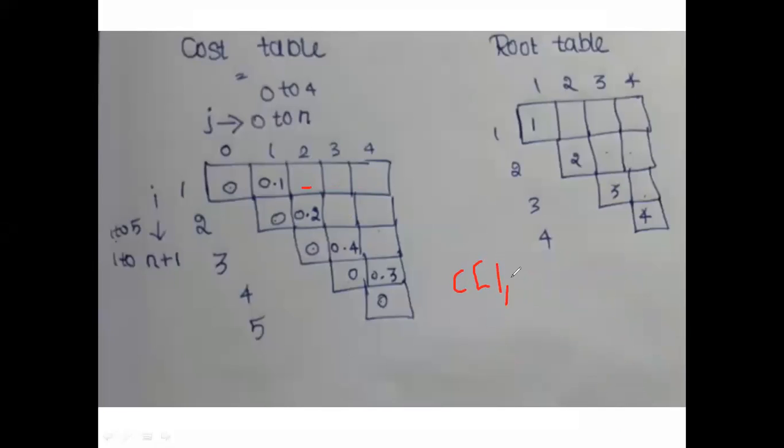C of 1, 2, this is i and this is j. Next, C of 1, 3. Next, C of 1, 4. Next, C of 2, 3. Next, C of 2, 4. First you take the i value, then the j value. Next, C of 3, 4.